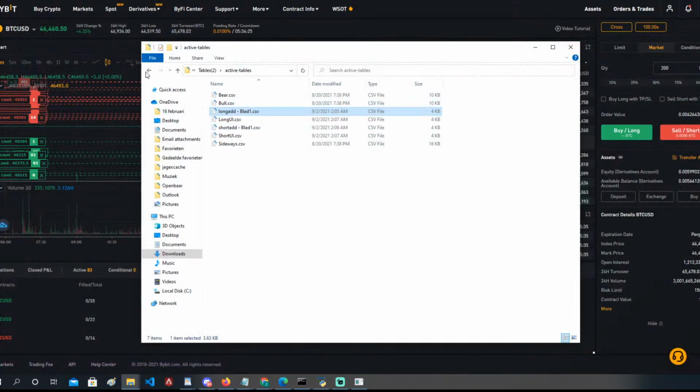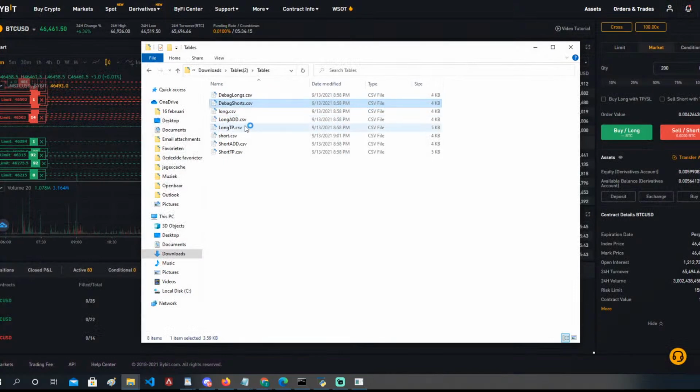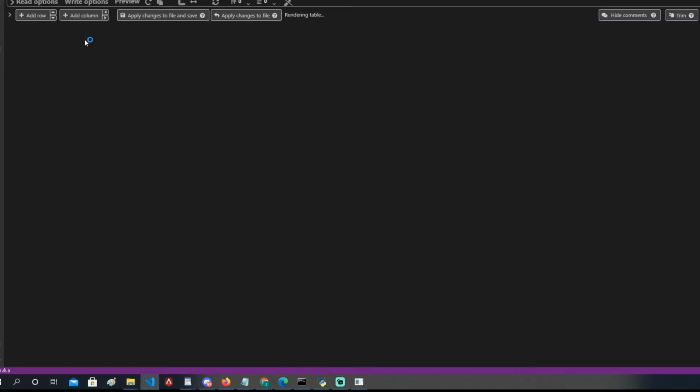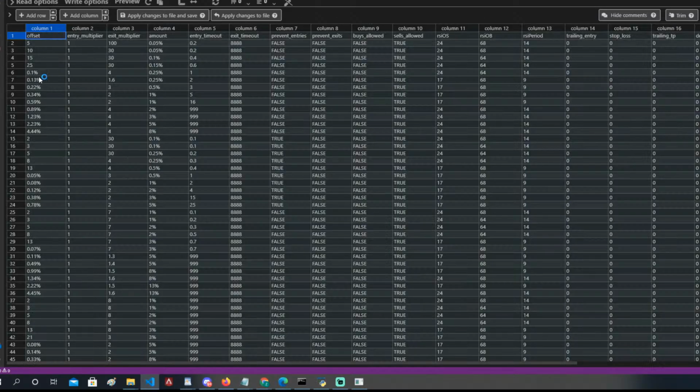Then we have the other table, this one. Here the offsets are percentages mostly, and also the amounts are based on your account balance. So if it says, for example, 5%, that means that the trade amount will be 5% of your available balance on Bybit. Right?